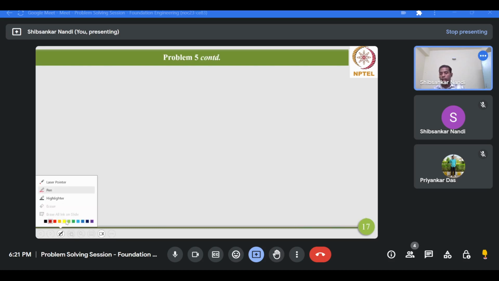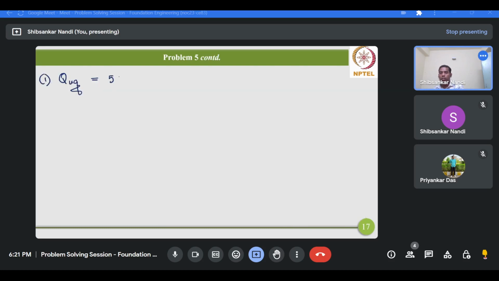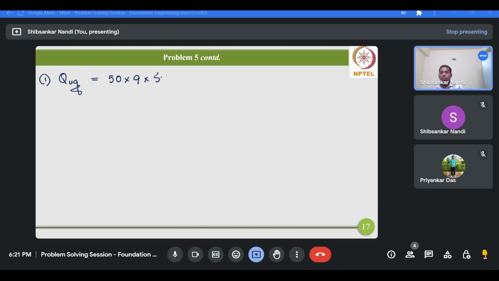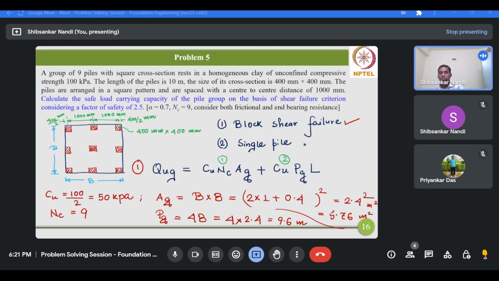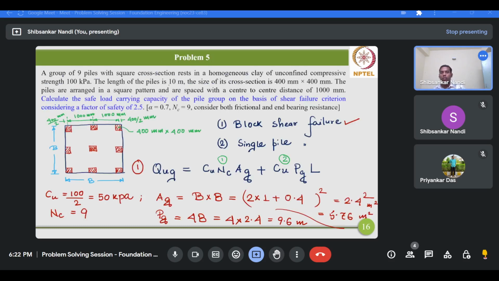Therefore, we can easily calculate the ultimate load carrying capacity of the pile group. So it will be 50 times 9 times 5.76, plus, into the perimeter, which is 9.6, and the length of the pile is 10 meter.